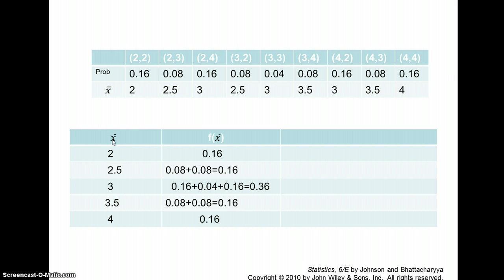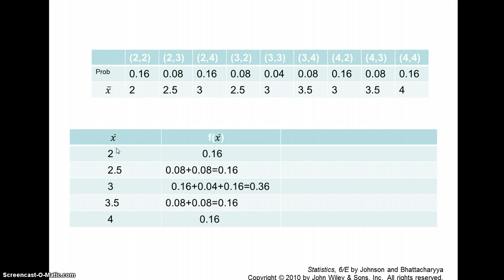How do we calculate the expected value? We multiply the value and its corresponding probability. So 2 times 0.16, and 2.5 times 0.16, and 3 times 0.36, and 3.5 times 0.16, and 4 times 0.16, and we add all those values. So you will get the expected value for x bar.